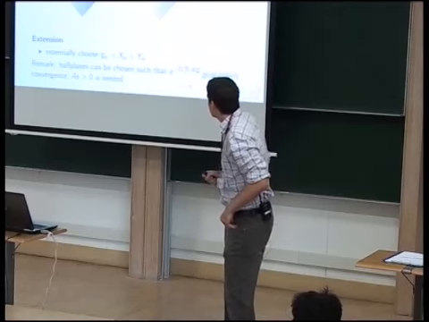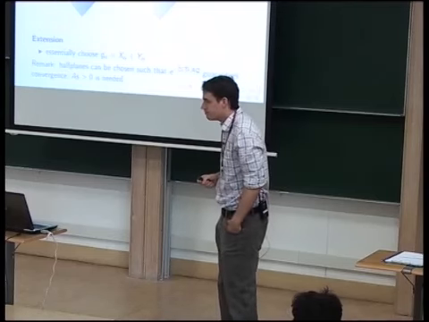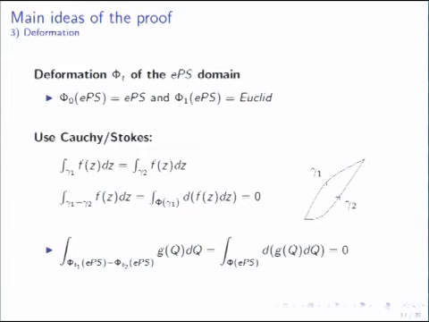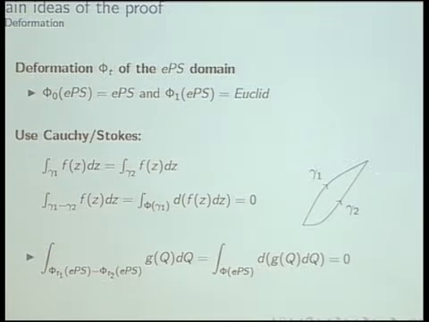Okay. Now the last step would be the deformation. And what do I mean by this deformation exactly? I want to have a smooth mapping from this extended Preußen-Schäfer domain into this Euclid domain. And what do I want to use? You all know that if you have two paths, gamma 1 and gamma 2, like this, and you integrate them against a holomorphic function, the theorem of Cauchy applies, and the integrals are the same.